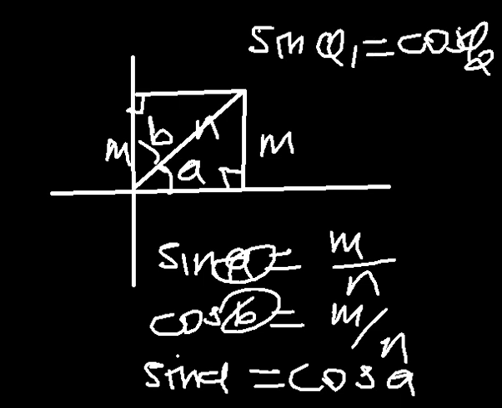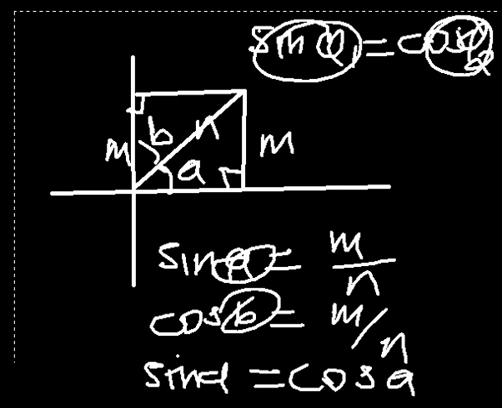Likewise, the cos of angle theta 2 is the same as the sine of angle theta 1. So those are the properties of the complementary angles.